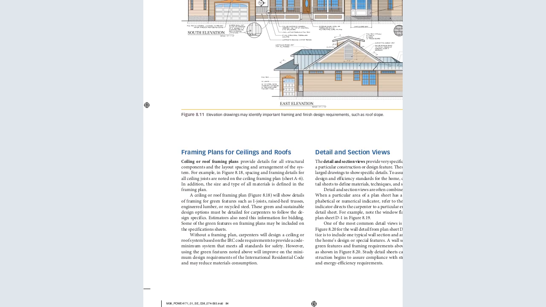So, framing plans for ceilings and roofs. Ceiling and roof framing plans provide details of all structural components and the layout, spacing, and arrangement of the system. For example, spacing and framing details for all the ceiling joists are noted on the ceiling framing plan. In addition, the size and type of all materials is defined in the framing plans.